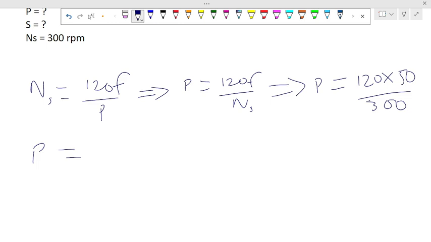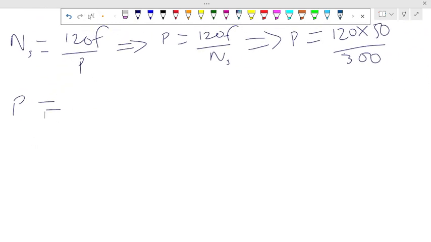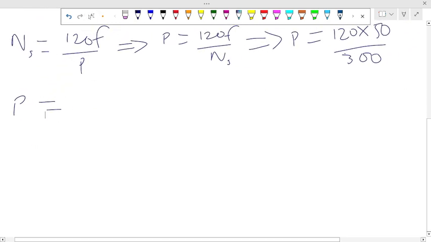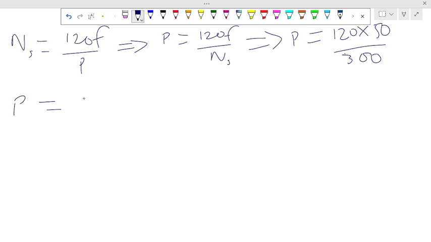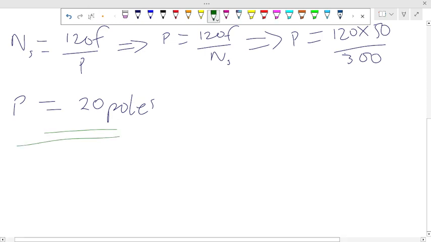Do the multiplication on the calculator, and that will give us 20 poles. Remember, we don't really have fractions with poles. So that will be 20 poles. So we've gotten our first answer.